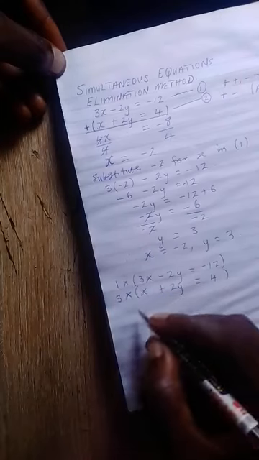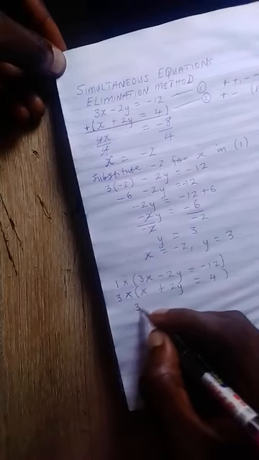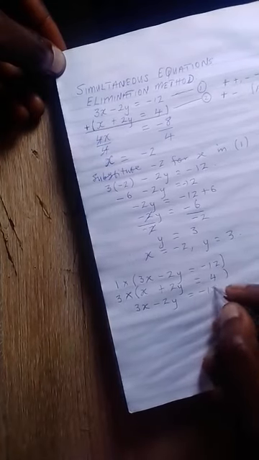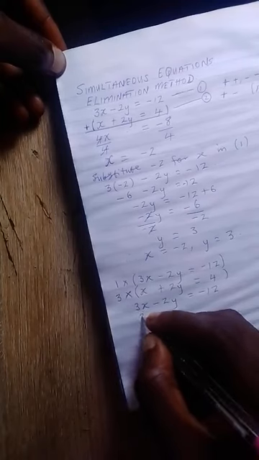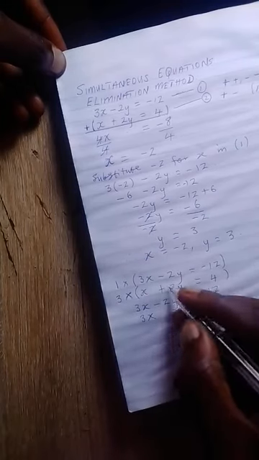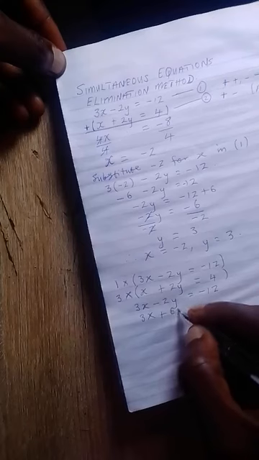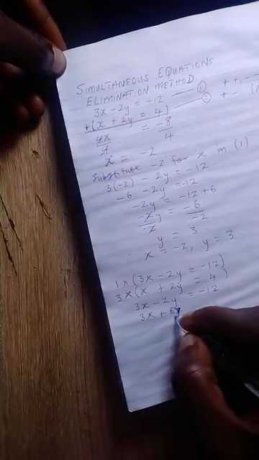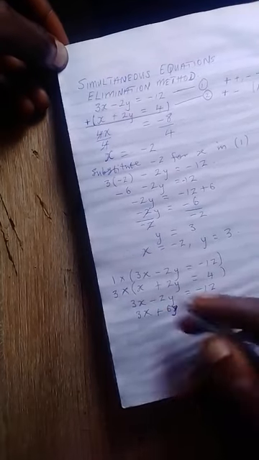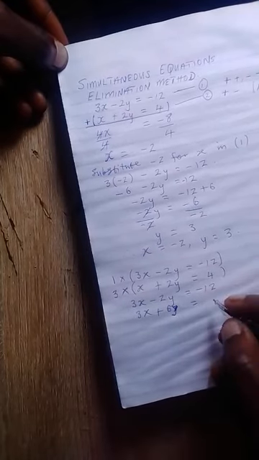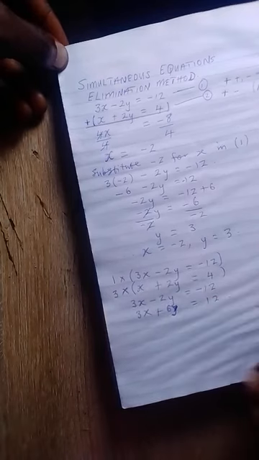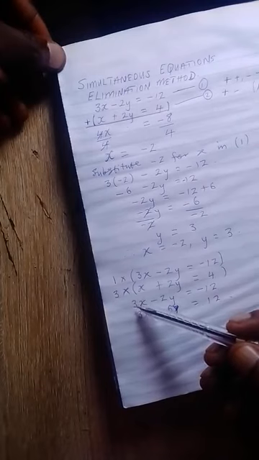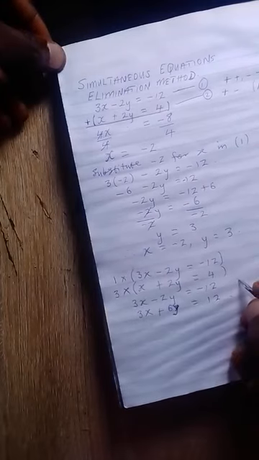If you multiply them, you have 1 times 3x, you have 3x, 1 times minus 2y, equals minus 12. 3 times x is 3x, 3 times plus 2y, we have plus 6y, then 3 times 4 is 12. So you can see that we have been able to make the coefficient of x equal.